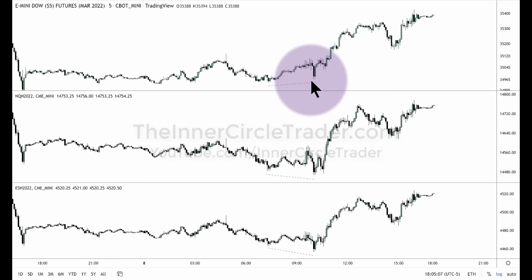Okay, correlation would be they are moving lower here, here, and here. But that correlation where they move in tandem together cracks here at a very important time, right when the Nasdaq and the S&P are trading below its old low.